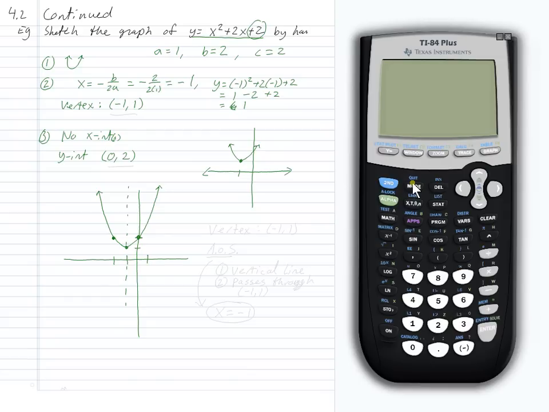So that's where the axis of symmetry comes in really handy. And it's good to be able to talk about the axis of symmetry. So if our vertex is the point -1, 1, how would we describe the axis of symmetry? So the axis of symmetry, remember, is a vertical line and we know the point that it passes through.